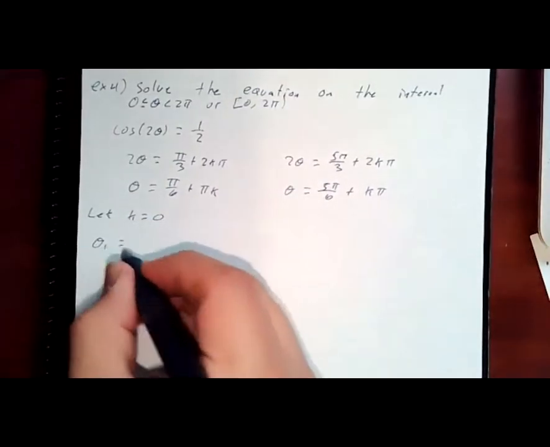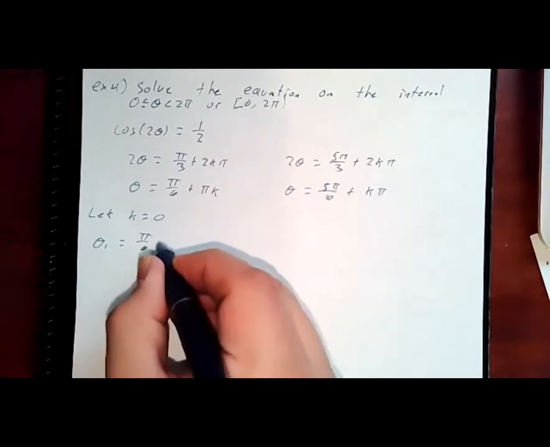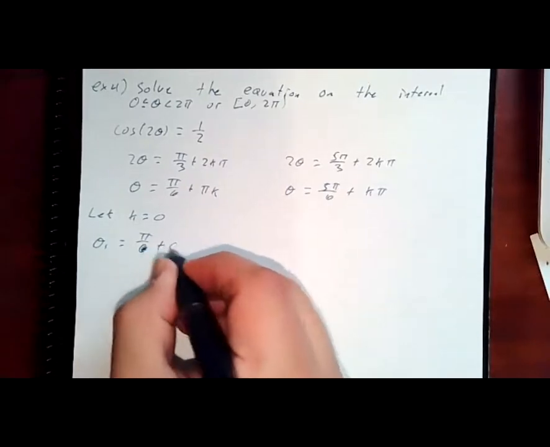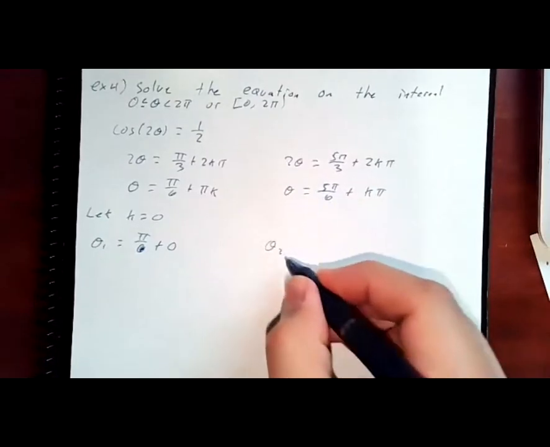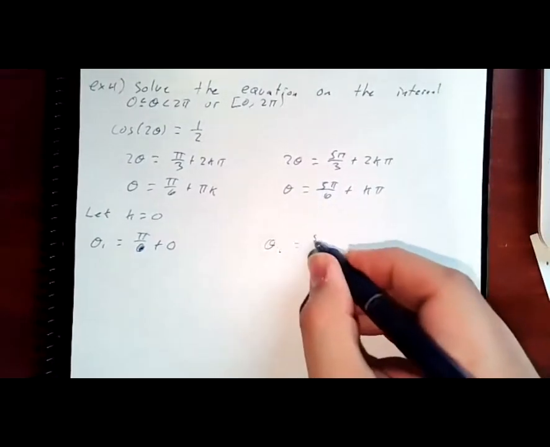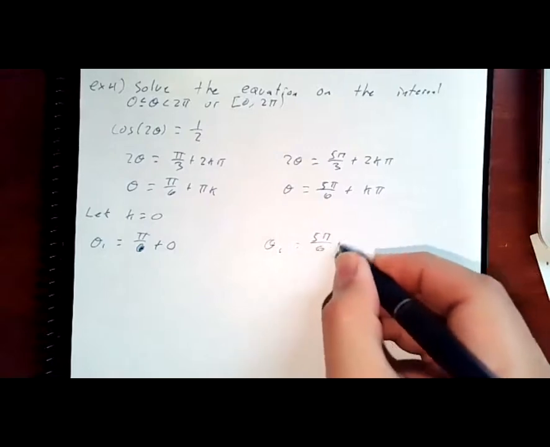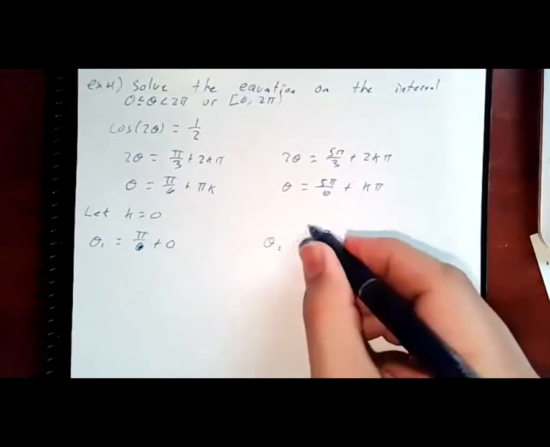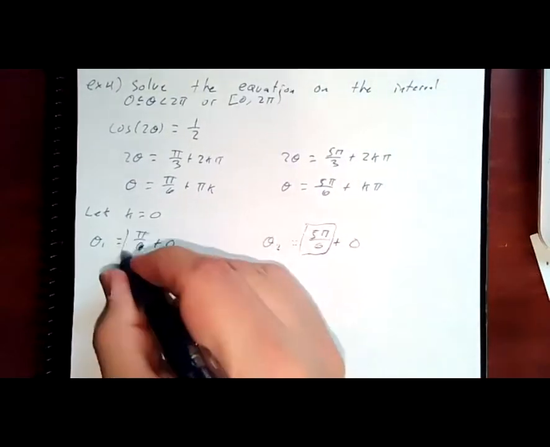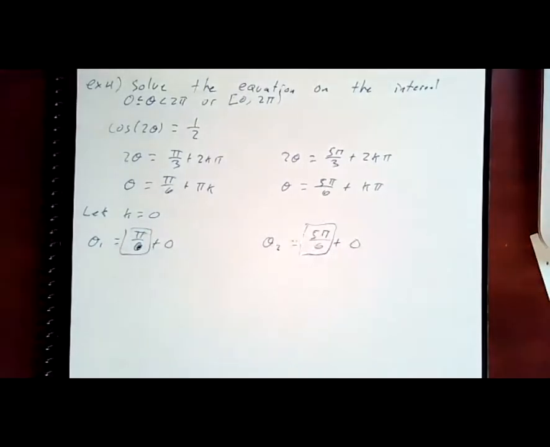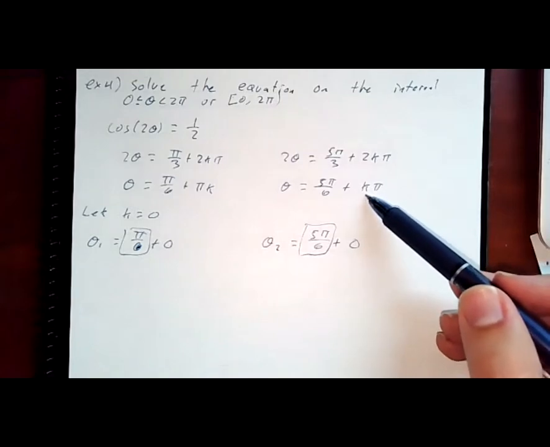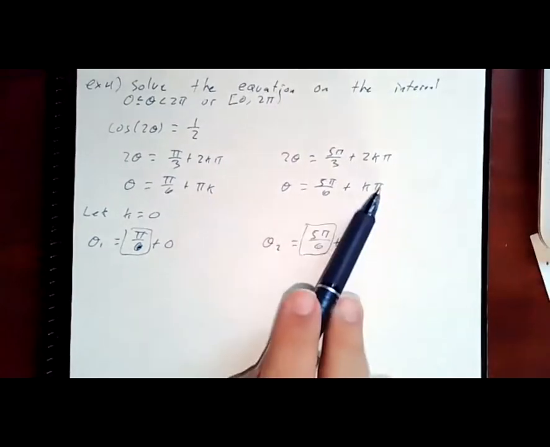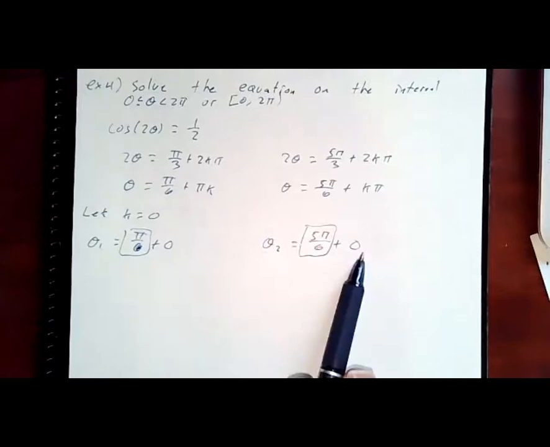Theta 1 would be pi over 6 plus 0, and theta 2 would equal 5 pi over 6 plus 0. So there's my first two answers. I'm using these pieces, letting k be 0 here, so the k terms would be gone. You see what I mean?